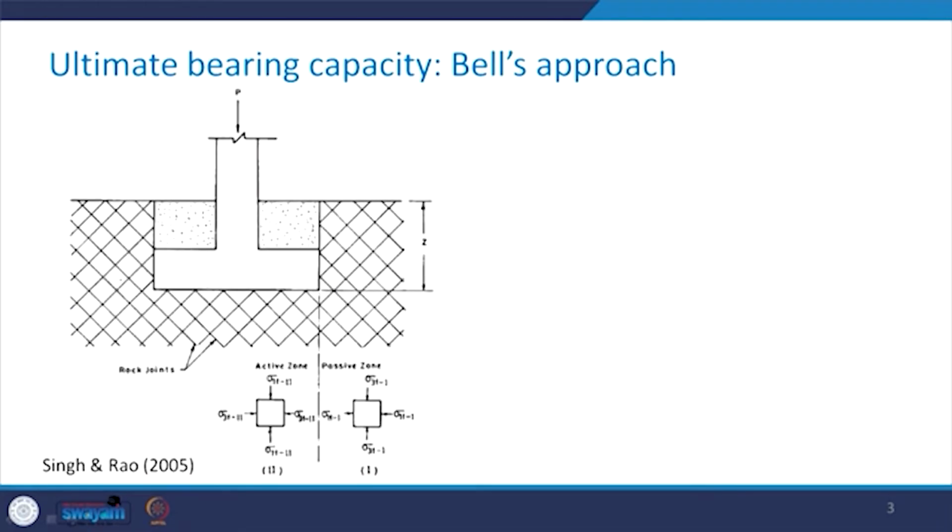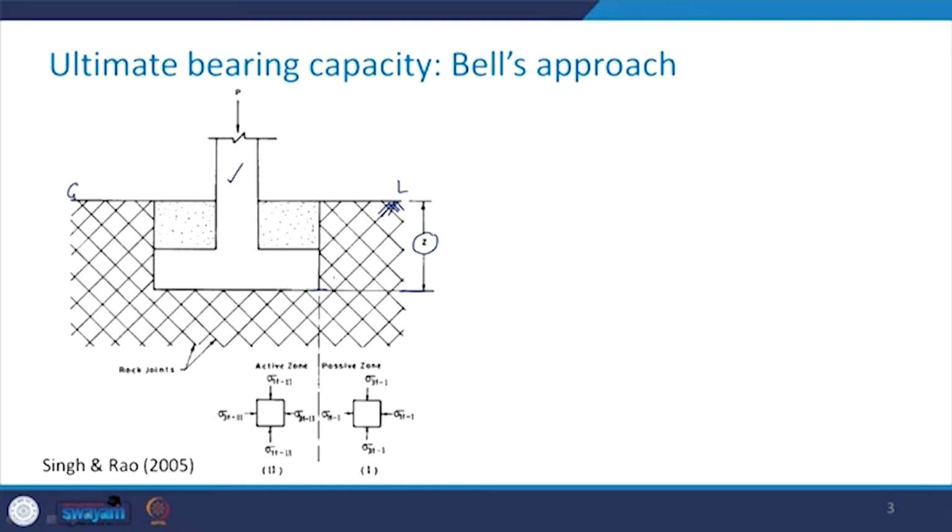Take a look at this figure. This is the footing which is placed at a depth of z below the ground surface. This is your ground level, and from there at a depth z below you have placed the footing.